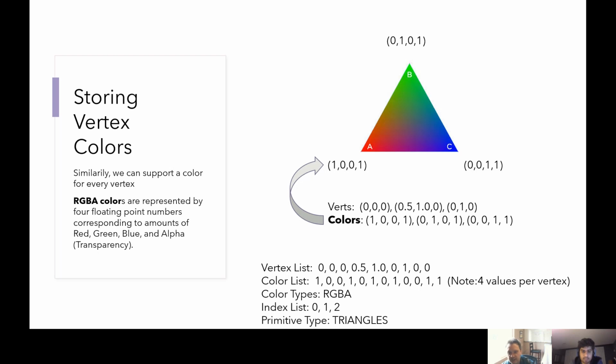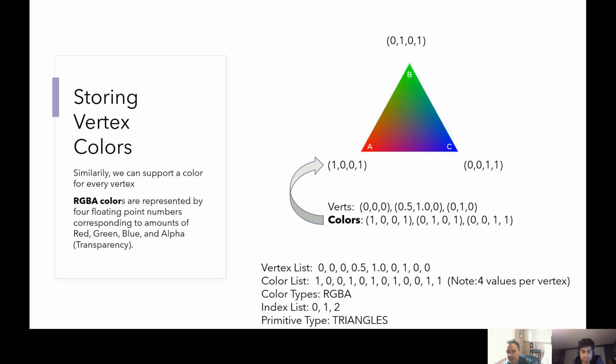And so we can use that same concept to map colors across the 3D model. In this case, you'll notice that the color list has 4 values per vertex instead of 3 values per vertex. So let's say you've got the index number 2, the last vertex in the list. For the vertex list, we would pick the 7th, 8th, and 9th values in this list if we were starting at 1.